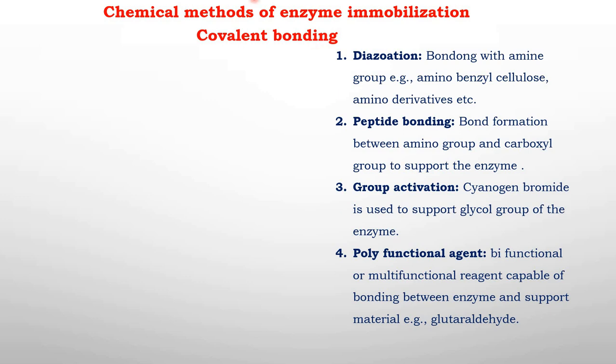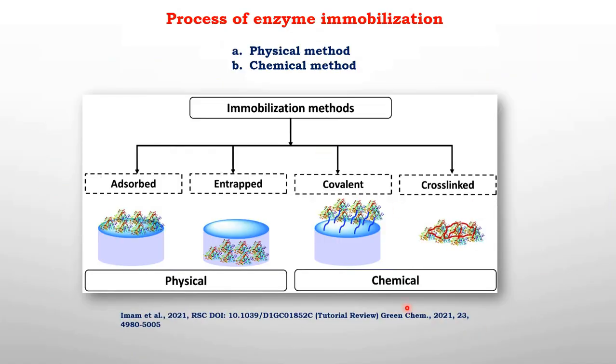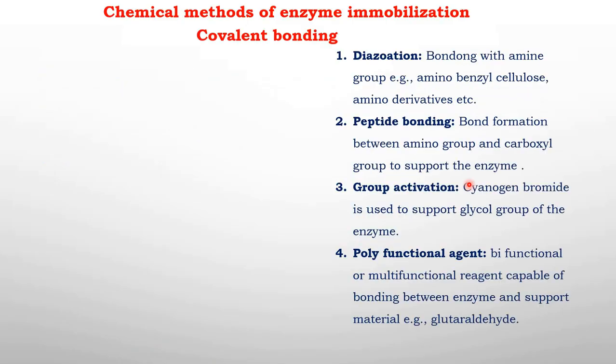So now we come to the chemical method of enzyme immobilization. The first point is covalent bonding. If I go back, chemical immobilization may be of two types, covalent and cross-linked. So this is covalent bonding.